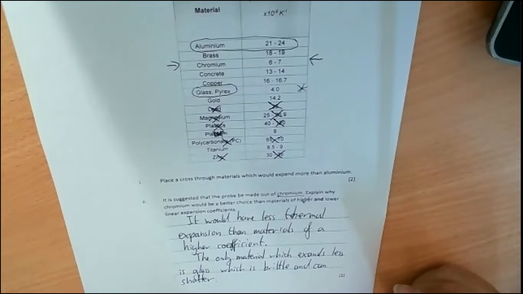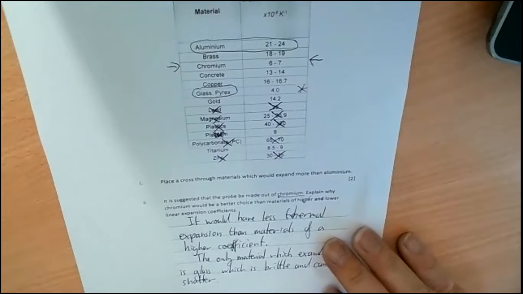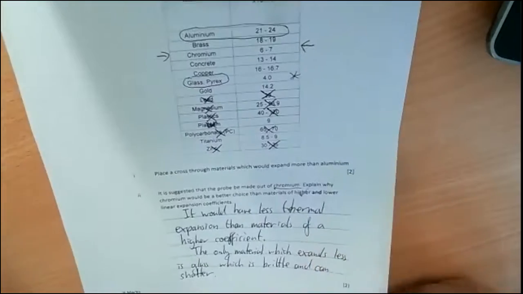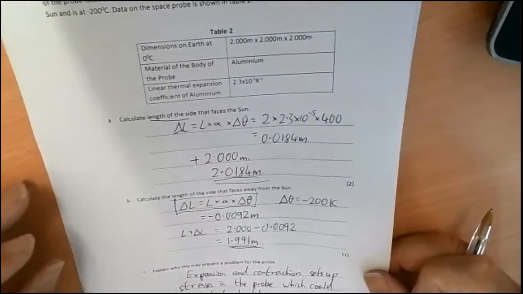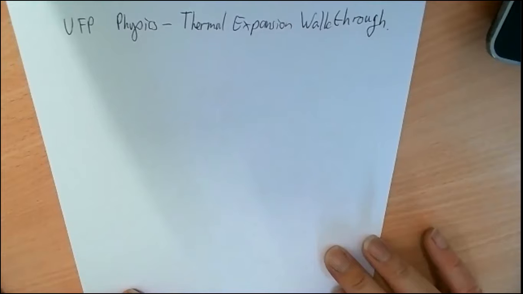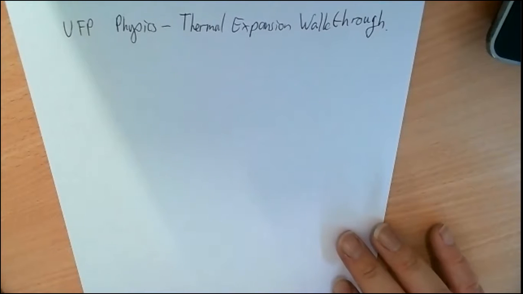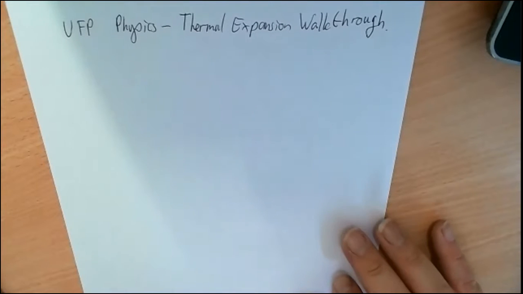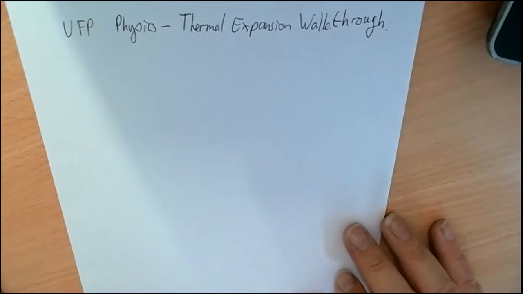So as we look at those answers, that is roughly how you go about doing that paper. If you haven't already done that paper, I would recommend very strongly that you have a go at it, based on what I've shown you. What I would advise is watch the first video, the one I made this morning, the one that's on the previous lesson. Watch that video first if you haven't already done so.